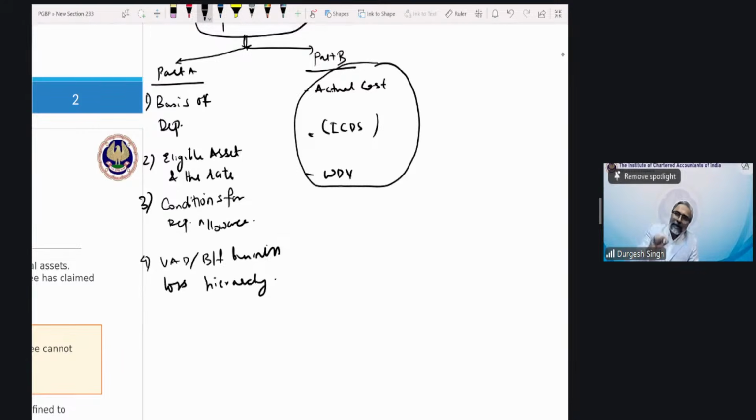You don't prepare the block on the basis of that broad category. What is required is the class of asset. The block is prepared on the basis of the class of asset. In respect of that particular class, the assets which are eligible for the same rate of depreciation, for that you prepare the block.